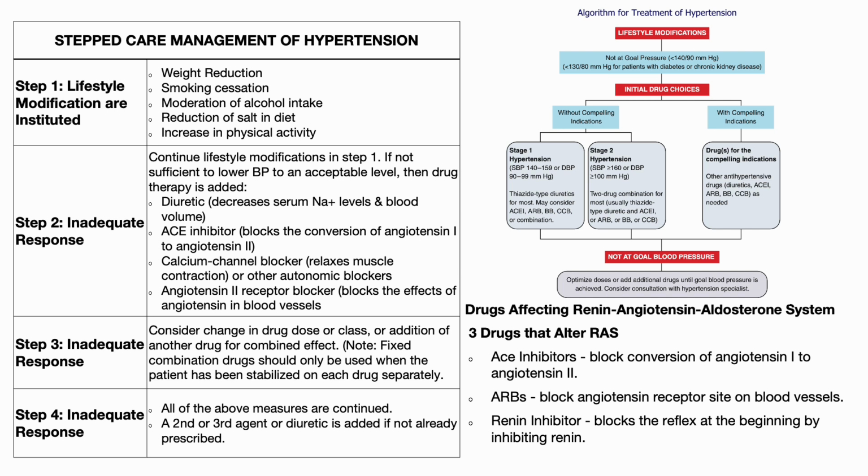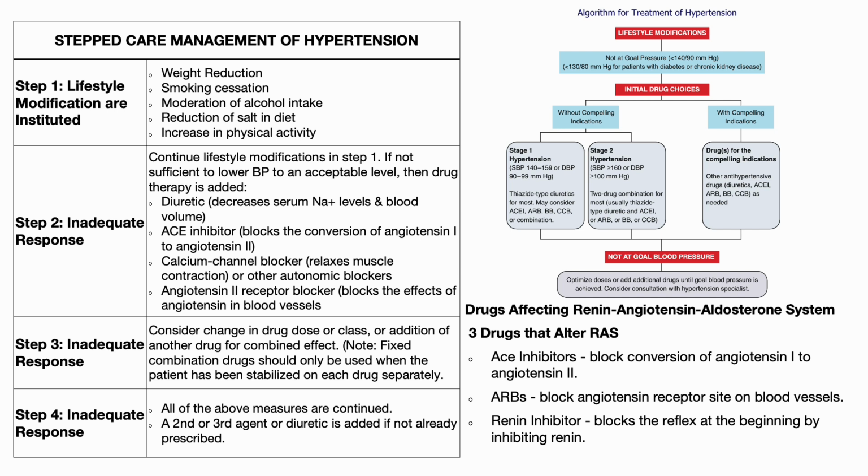So we have this stepped care management of hypertension. The first treatment we have is lifestyle modification. So that will be instituted first, like weight reduction, smoking cessation, moderation of alcohol intake, reduction of salt in diet, and increase in physical activity.